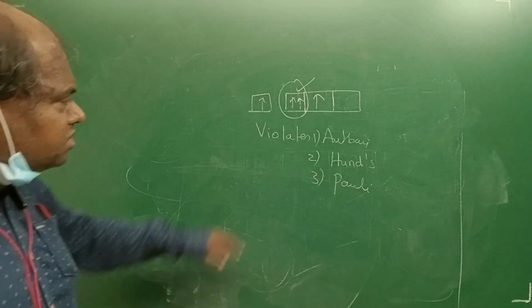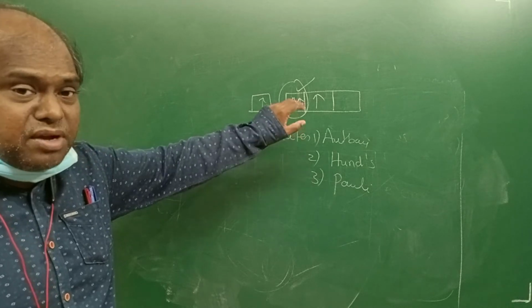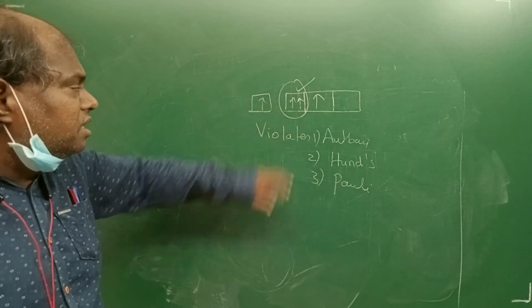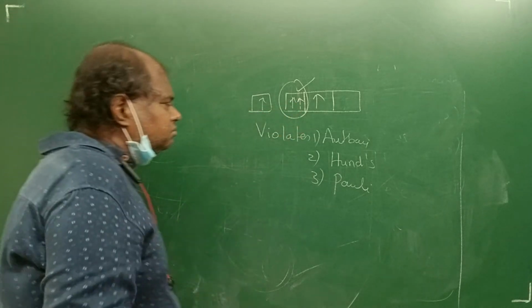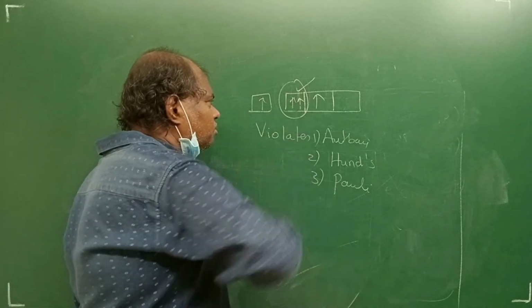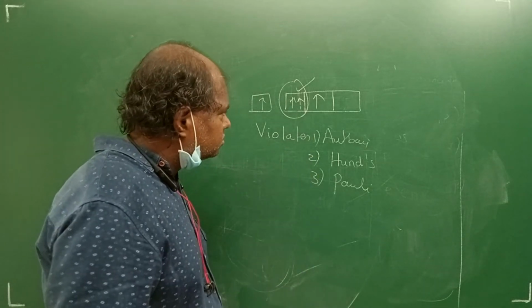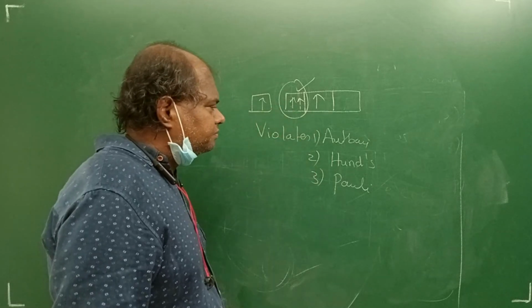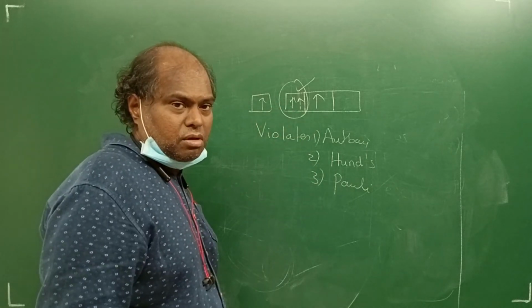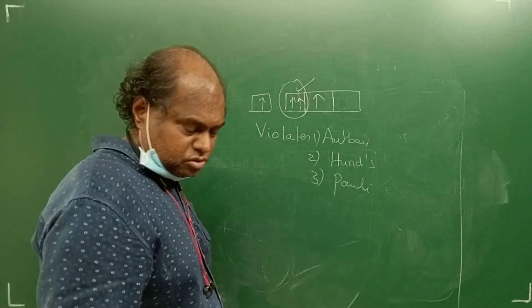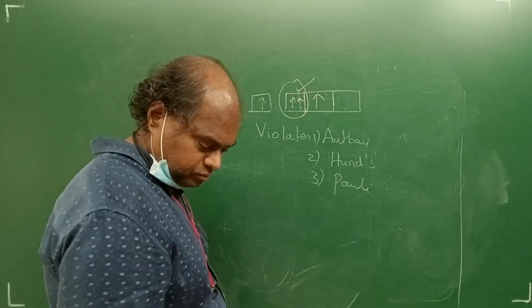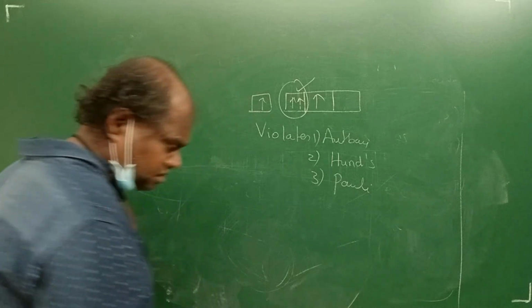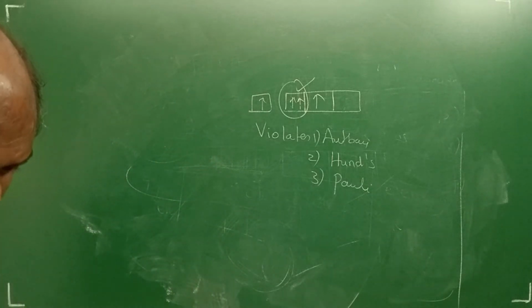At least one should be up, one should be down. So student, this is how you do it. It violates all the rules: Aufbau rule because of energy, Hund's rule, and Pauli's rule. So this is how you'll do it. If you have doubts, please ask in the Zoom sessions.